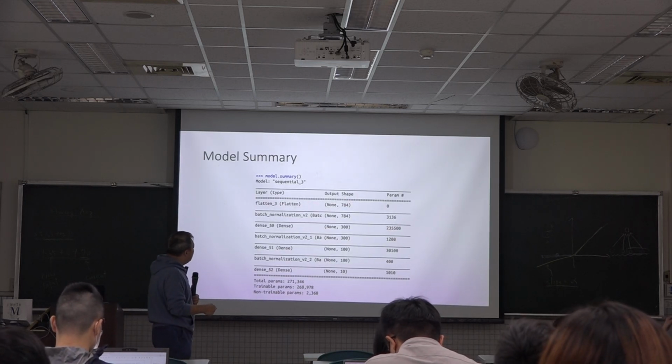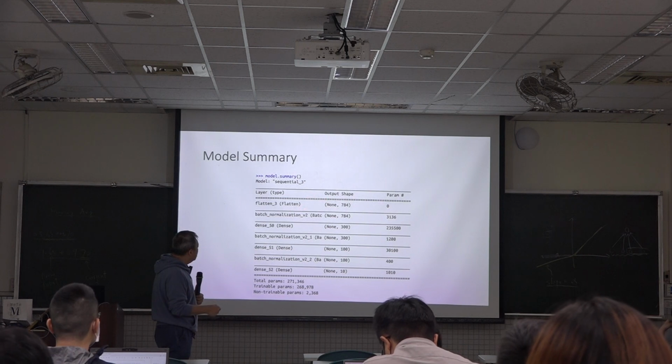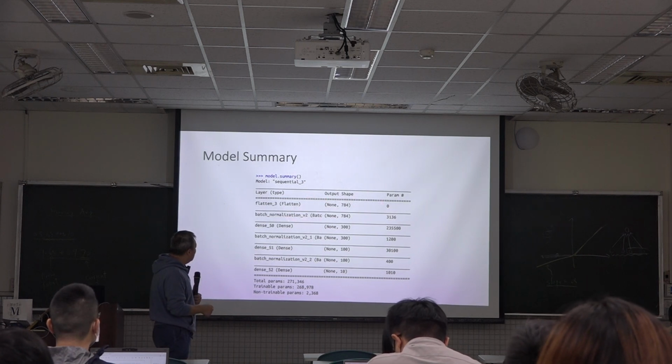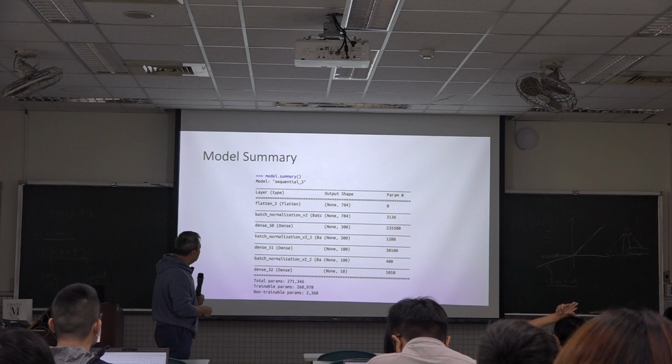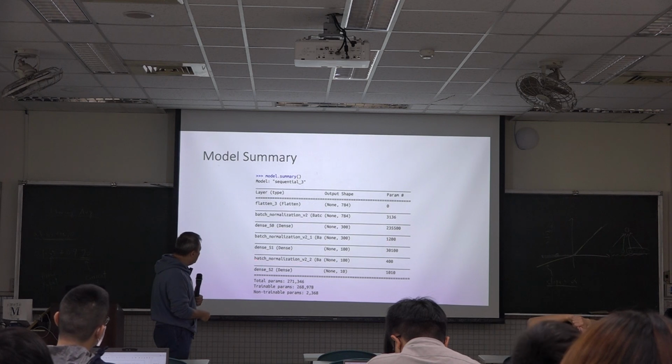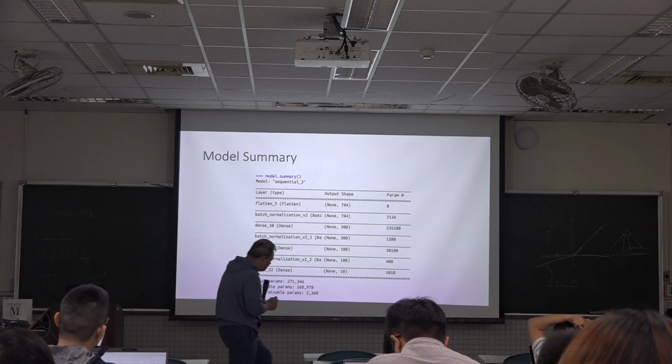Okay, number of parameters. You can see in the batch normalization, we have 3,000 parameters, and this batch normalization will have 1,200 parameters, and we have a third batch normalization with like 400 parameters.